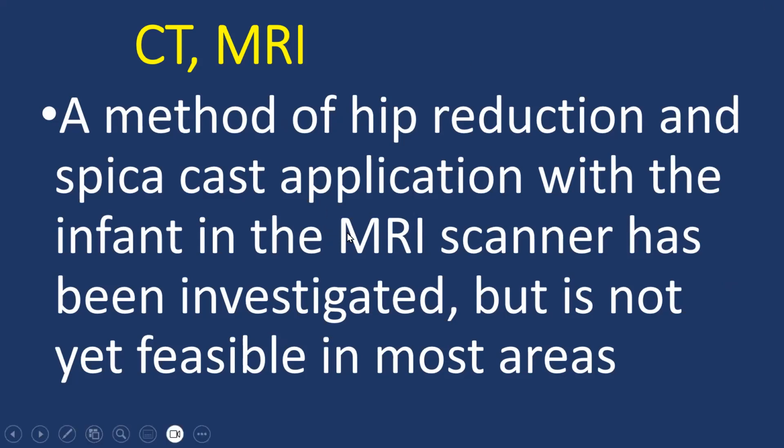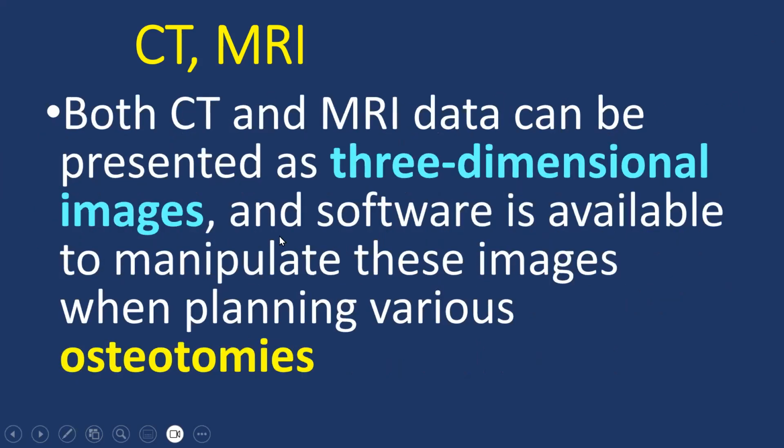MRI is still not usable, but the CT is usable. It has a problem of radiation, but it gives us an accurate idea about the reduction. Both CT and MRI data can be presented as three-dimensional images, and software is available to manipulate these images when planning various osteotomies.